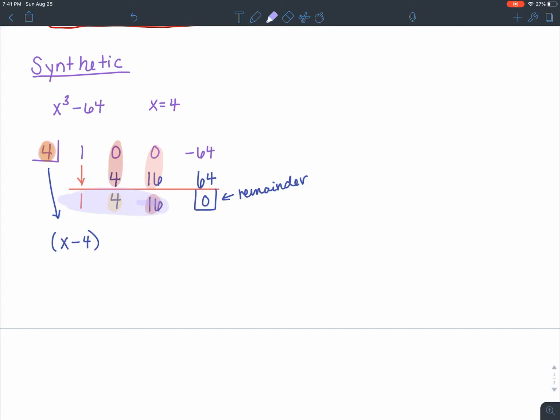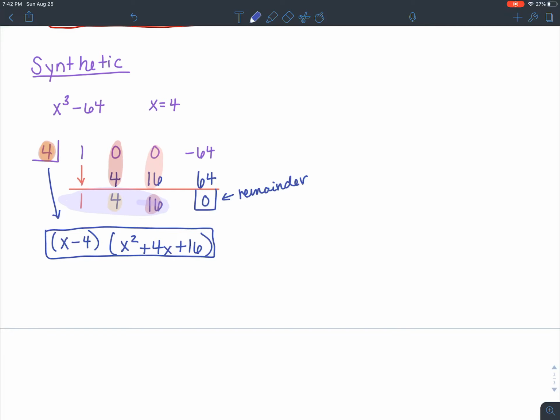Those are the leading coefficients of my new equation from when I divided that out. So when I divided out that x, it's going to make that x cubed into x squared. 1x squared, because we took out an x with that x minus 4. Then I have 4x, I just go in order, plus 16. Okay, cool. All right, that's the only synthetic I'm doing.